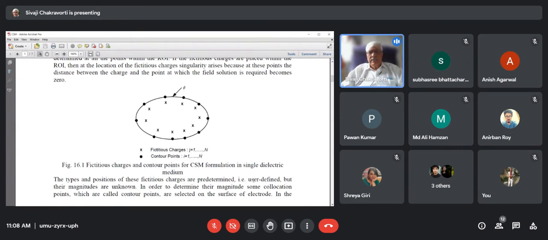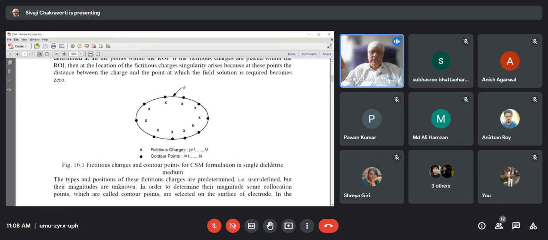Now, if I put these charges outside the electrode, then the charges become located inside the region of interest. Then we want to know the field at that particular location because it is within my region of interest.